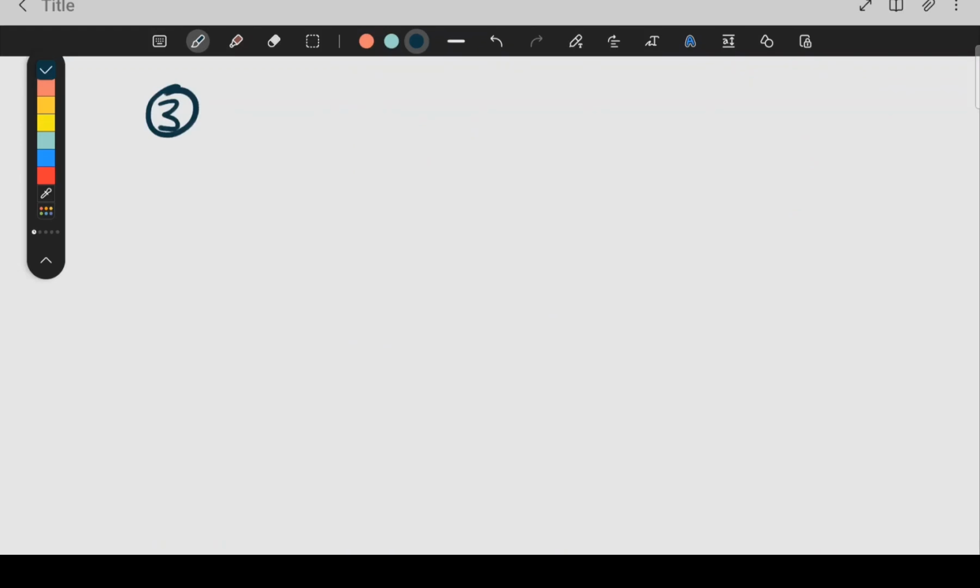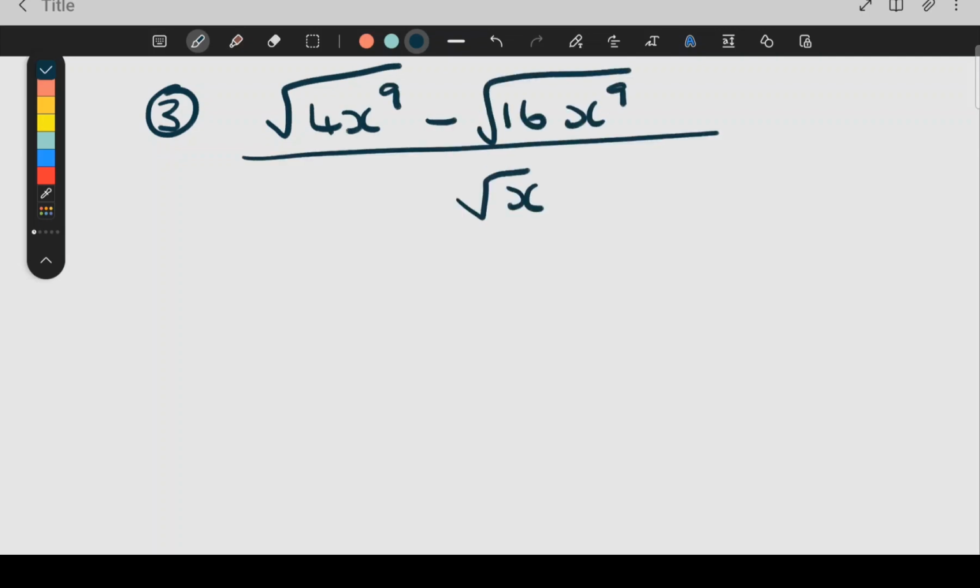Number 3, the last question that we're doing, is this exam kind of question. Okay, let's look at this question, grade 11s. With this question, the first thing I would do is I would break it up. This is 4 times x to the 9. So it's actually something times something. We can break it up.